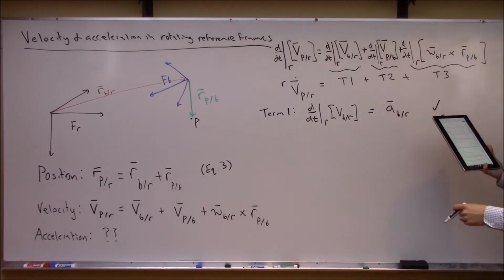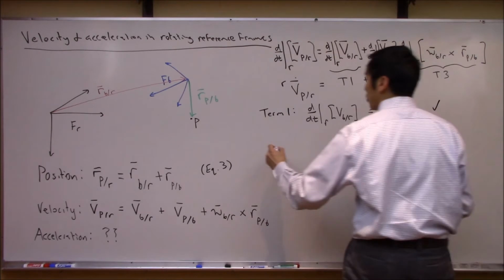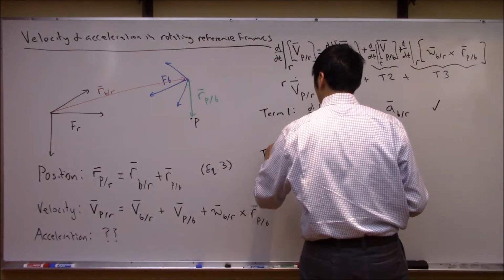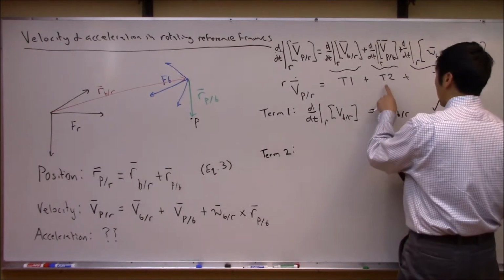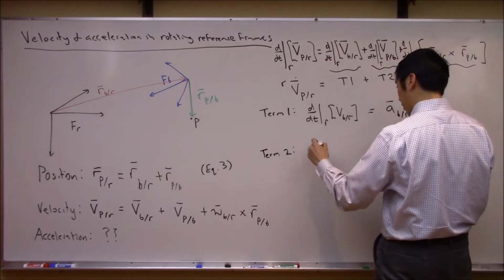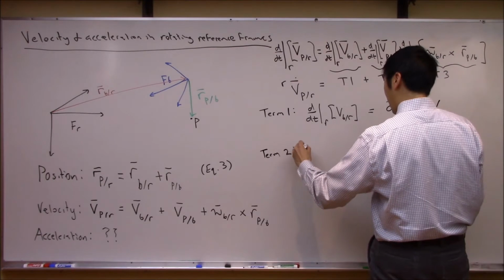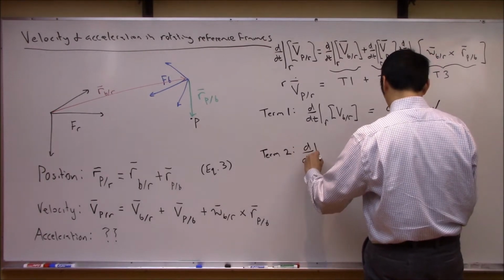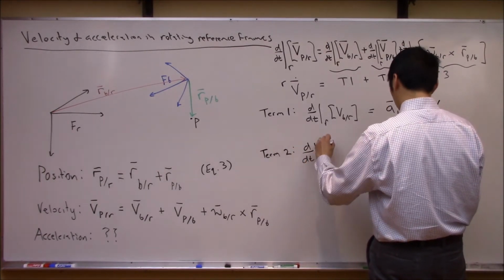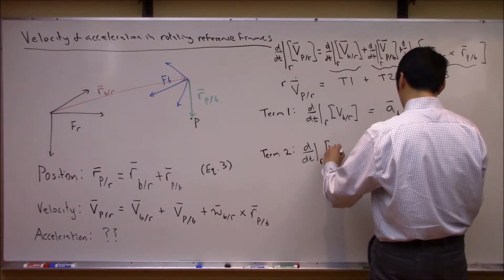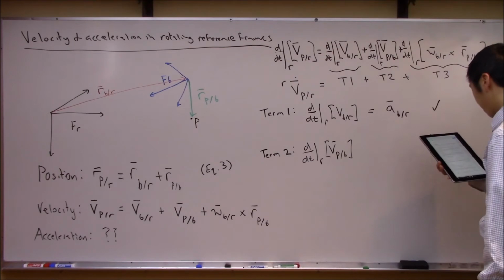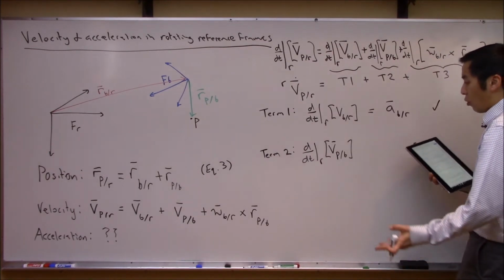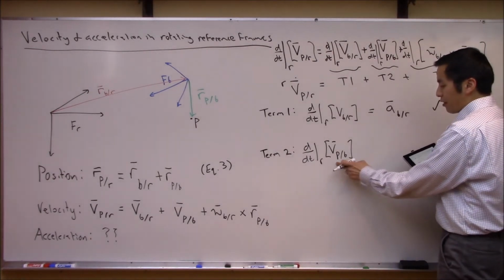That wasn't so horrible. Let's go ahead and look at term 2. T2, not the Arnold Schwarzenegger kind. So this is d/dt with respect to R of V P with respect to B. Let's think about this.